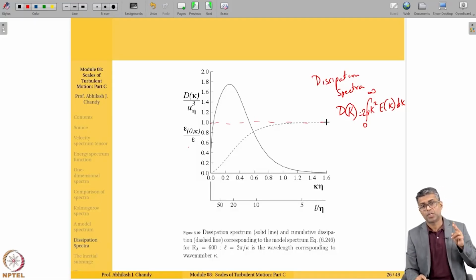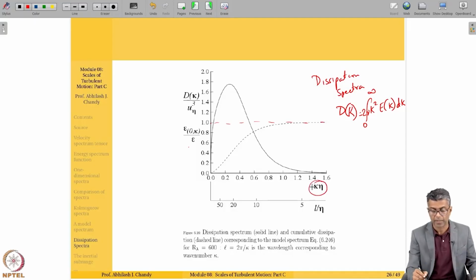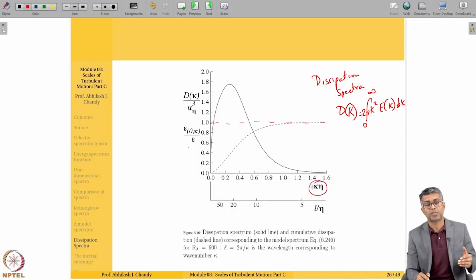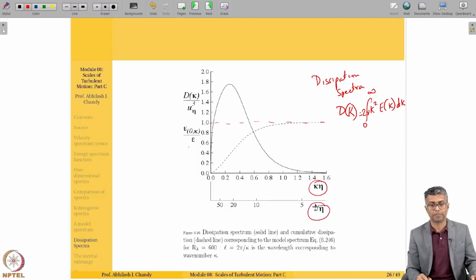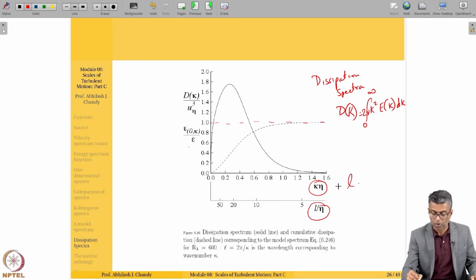The x-axis is shown on two different scales. One is kappa eta, and in order to see how the scales vary, it is plotted against L over eta. So obviously, kappa is 2 pi over L. So let me just erase this and write this again.